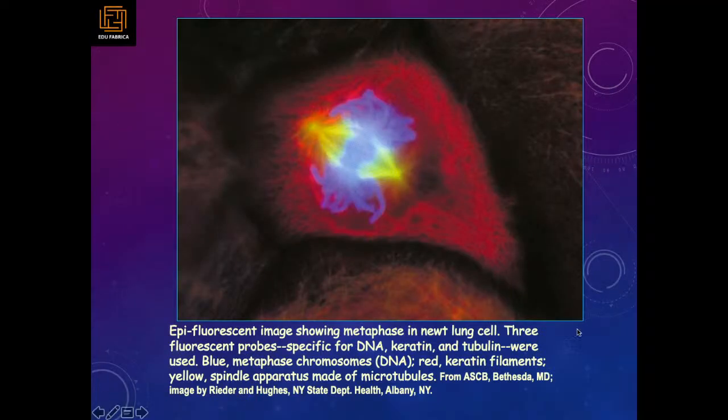So like here, this image was taken by Bethesda MD, image by Ryder and Hughes, New York State Department of Health, Albany, New York. So always try to give a reference, from wherever you have taken the image or any figure that you are putting up, even in your references if you are taking from Google or anything, try to give the reference every time.